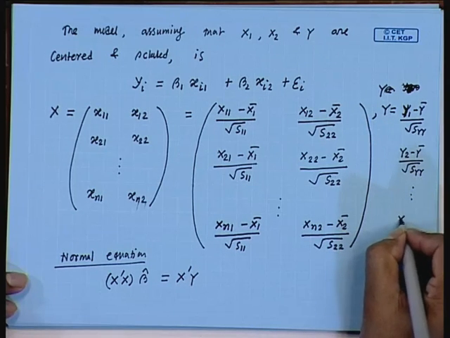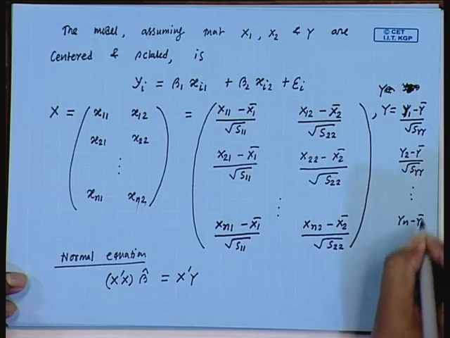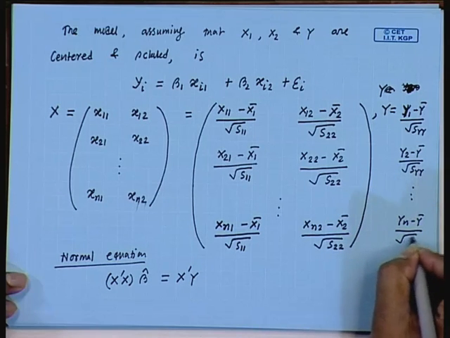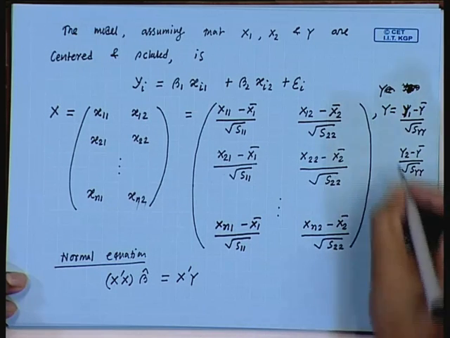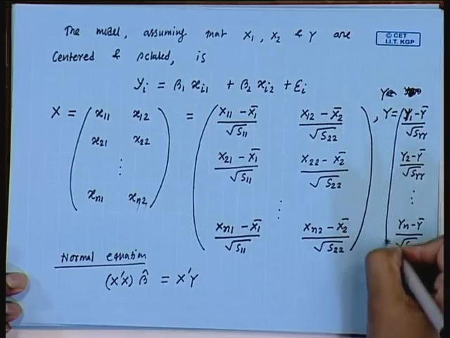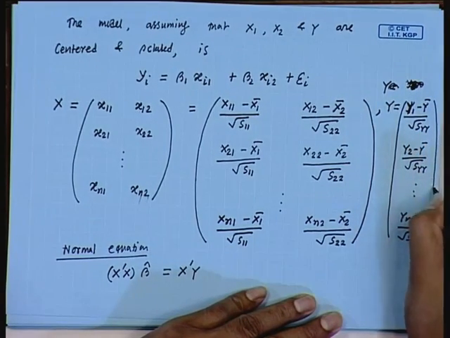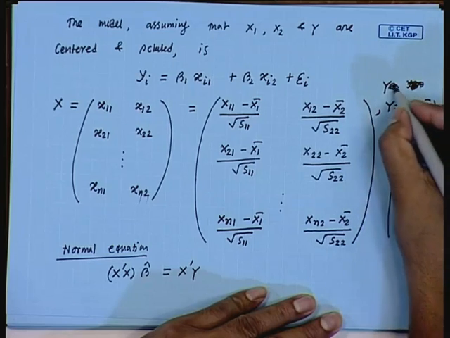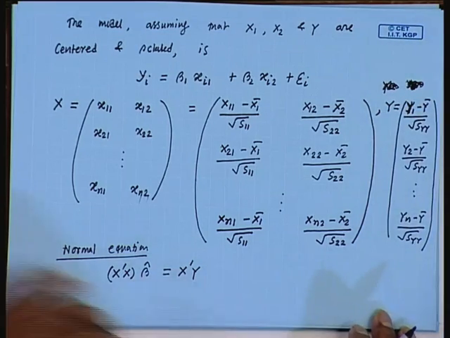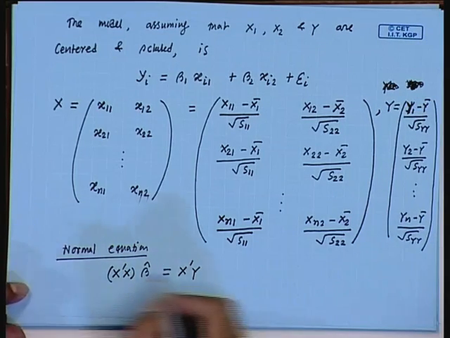Similarly, Yn minus y bar by root of Syy. So, this is what the Y matrix is. Okay, so here is the normal equation.